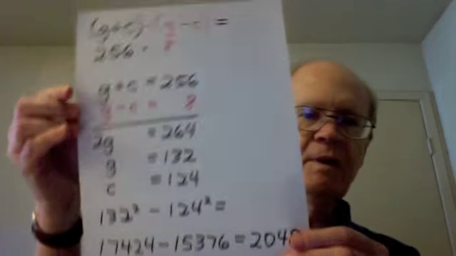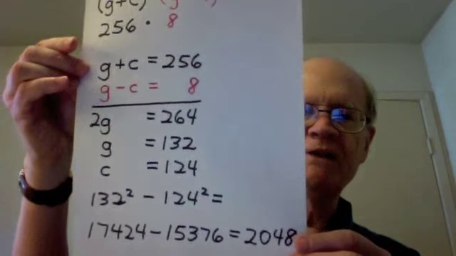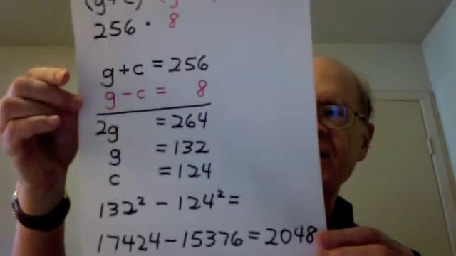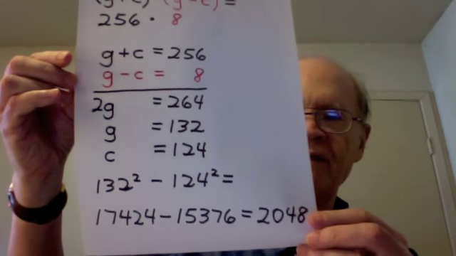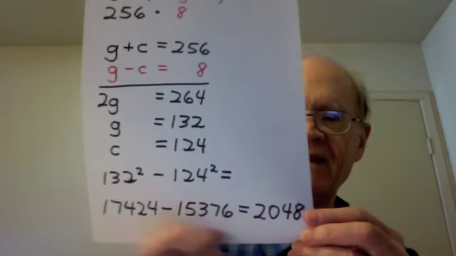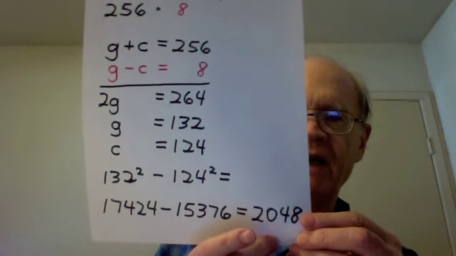Here is our next candidate solution based on G plus C equals 256, G minus C equals 8, giving another pair of square numbers that differ by 2,048. We have two more candidate solutions.